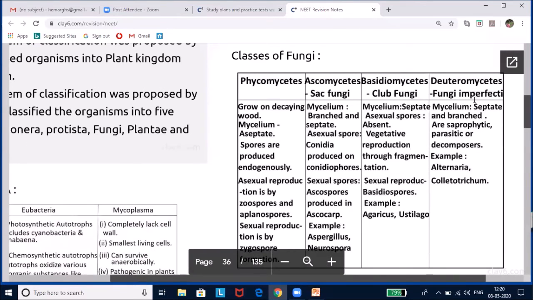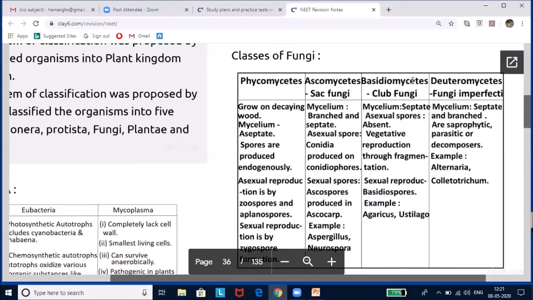Deuteromycetes. This is called the fungi imperfecti because here the mycelium is septate and branched, it's all fine, but you do not find a perfect sexual stage. They reproduce through asexual spores. But when their sexual cycle is understood, they are moved to Ascomycetes or Basidiomycetes.